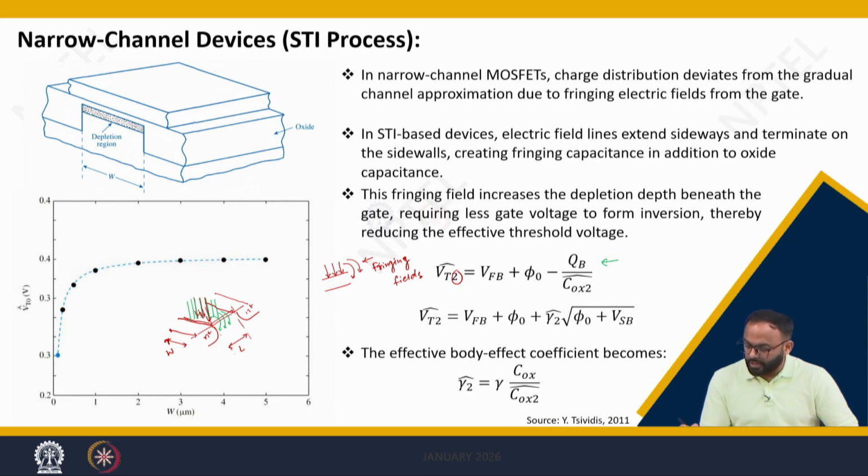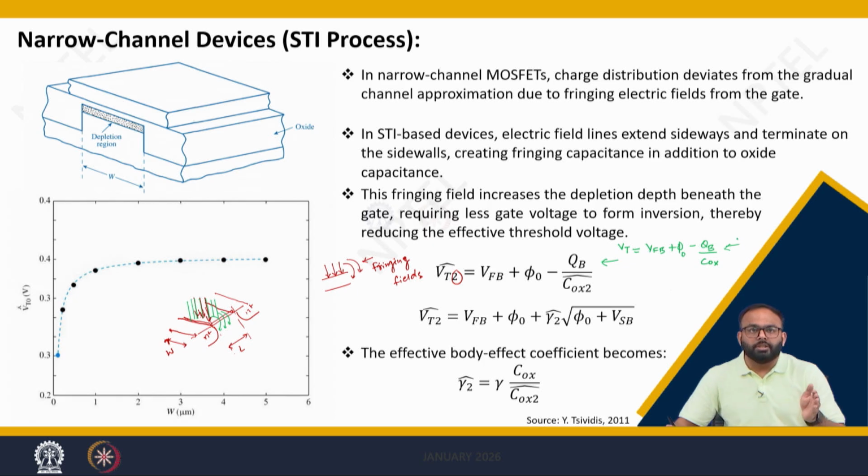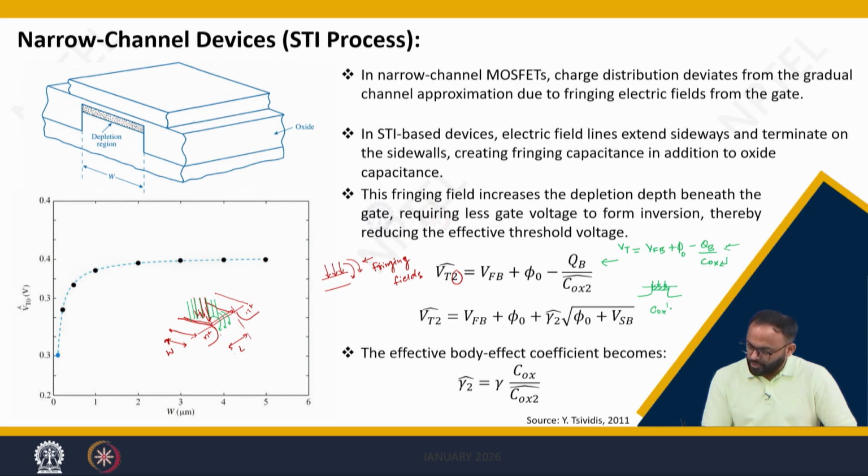If I go back to our basic equation of threshold voltage, then we will find that Vt is equal to the flat band voltage plus phi naught minus Qb by Cox. If we are not considering the charge sharing effect, then the charge which is shared by the gate is due to only vertical field lines, and we only need to consider this capacitance, which is nothing but oxide capacitance per unit area into width into L. So, this gives the total capacitance, which is the oxide capacitance.